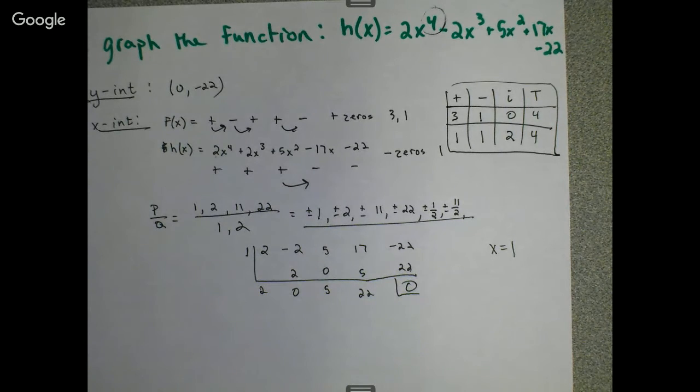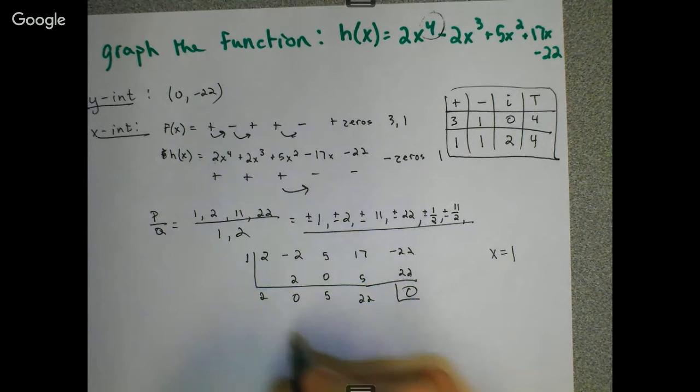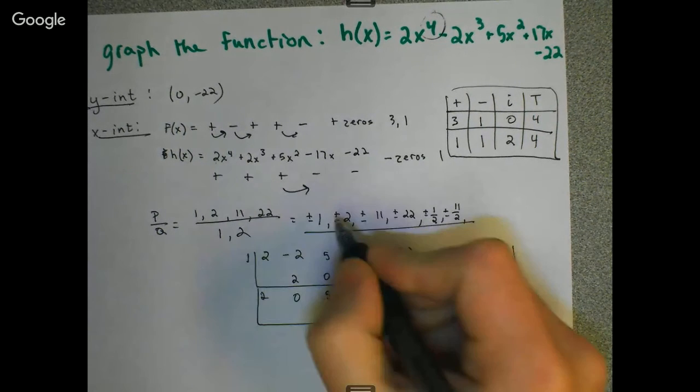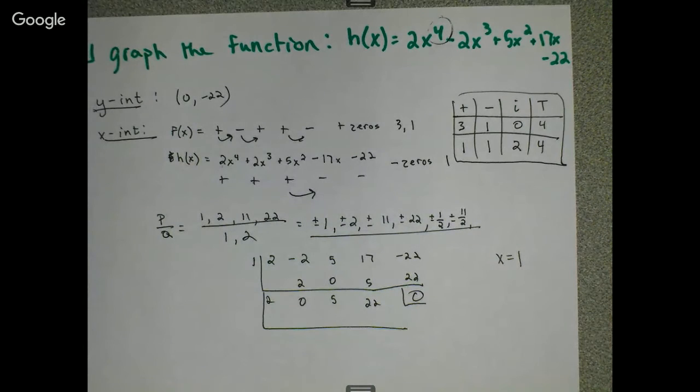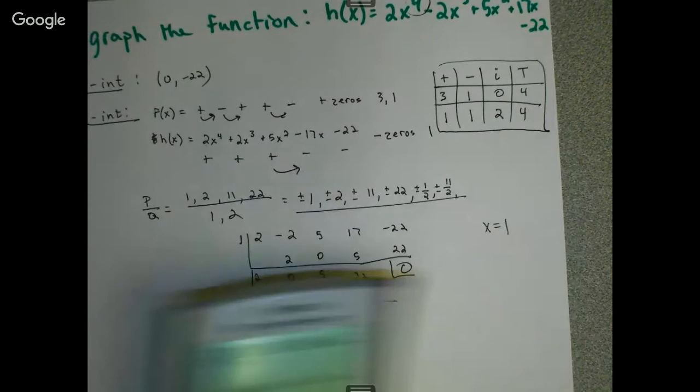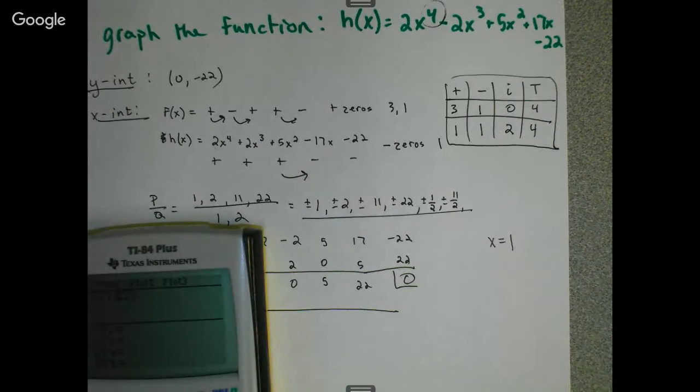So now we just need to test negative numbers. I can ignore all the positives now and just go straight to the negatives. So I can speed this up by plugging them in and looking at the table.